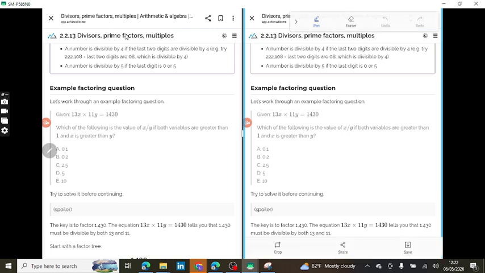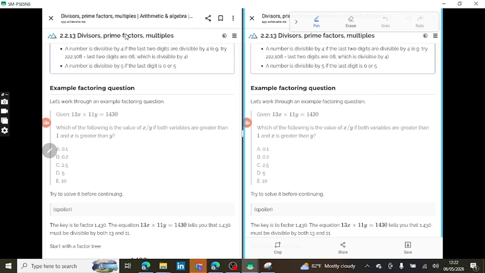So looking at this question, if you multiply these things, it will give you 1430. One thing you can do first is check whether you can divide through this number. It is 143.